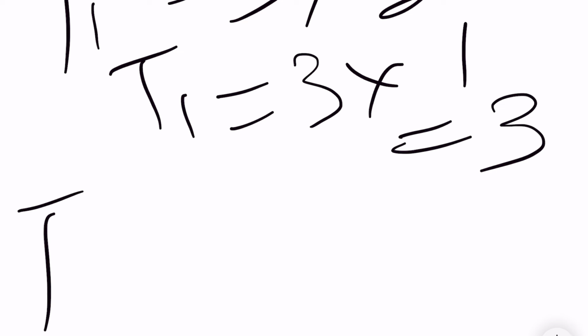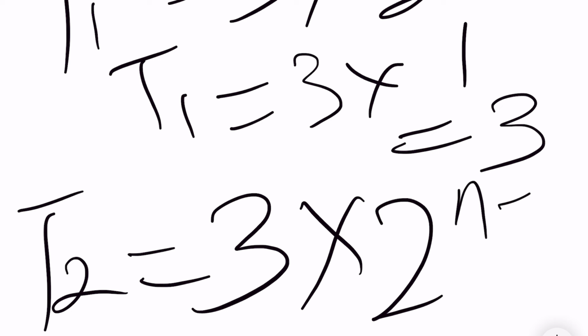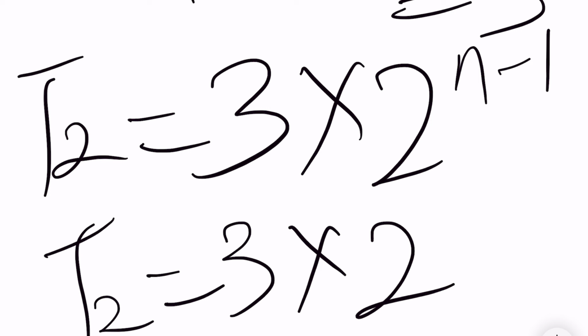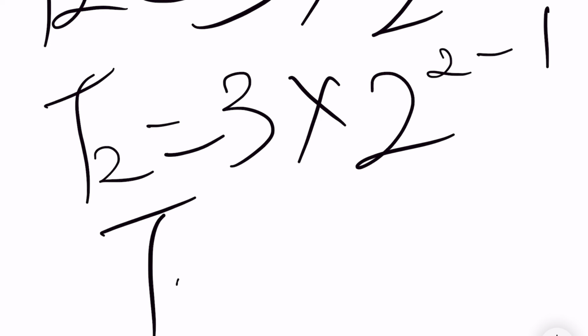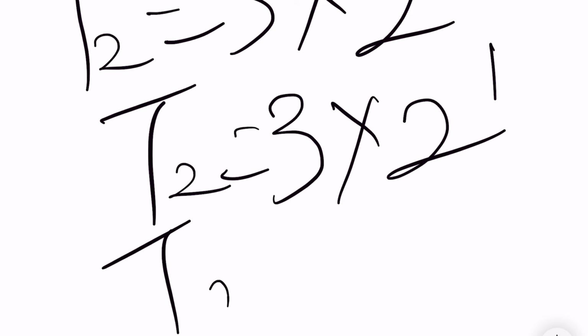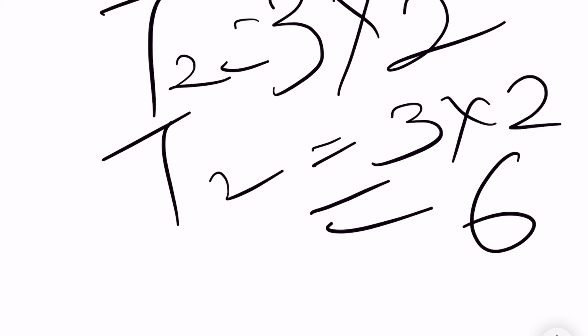Now for our second term, we have 3 times 2 raised to n minus 1, which is 3 times 2 raised to 2 minus 1, which is 3 times 2 raised to power 1. We have it to be 6.